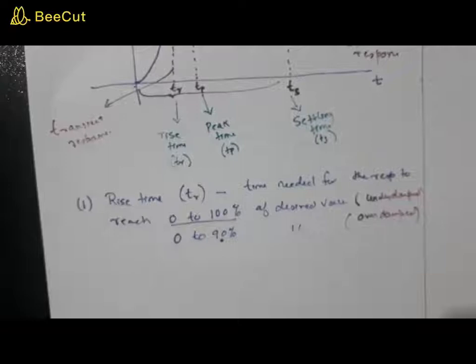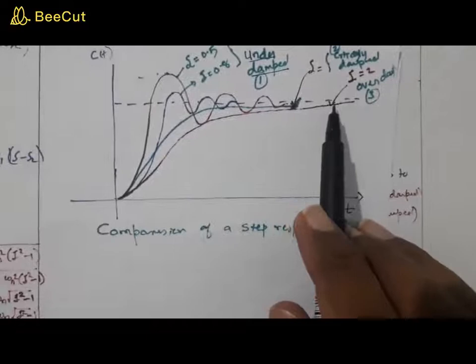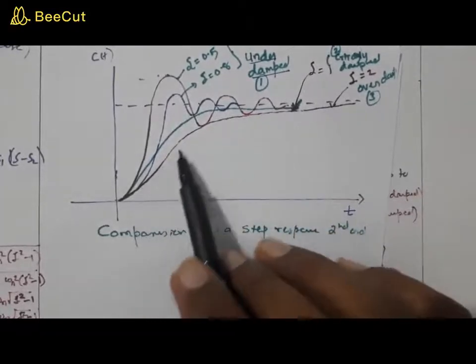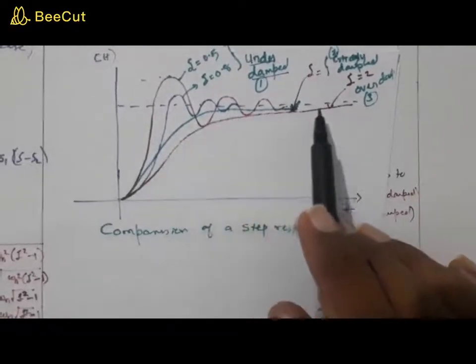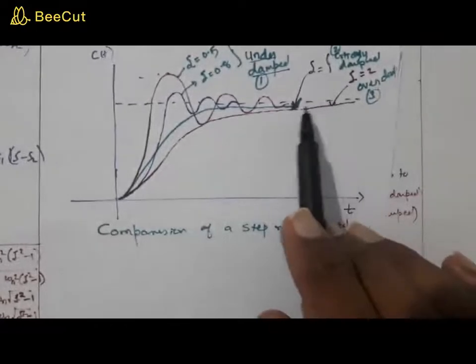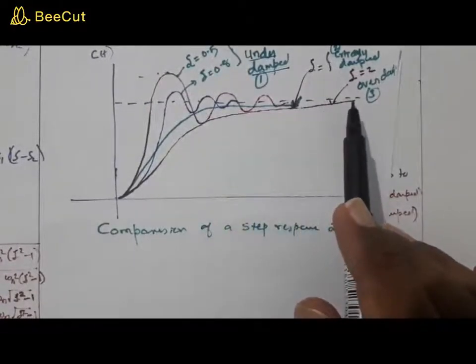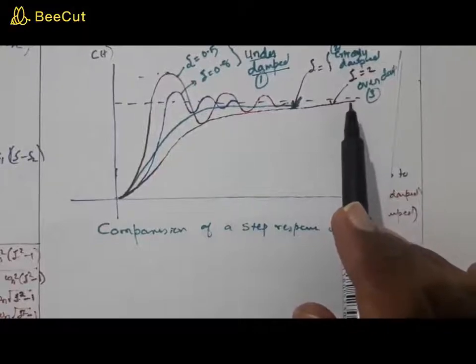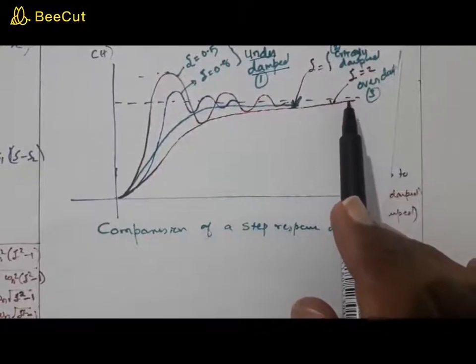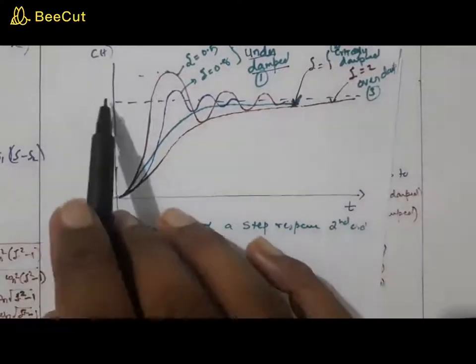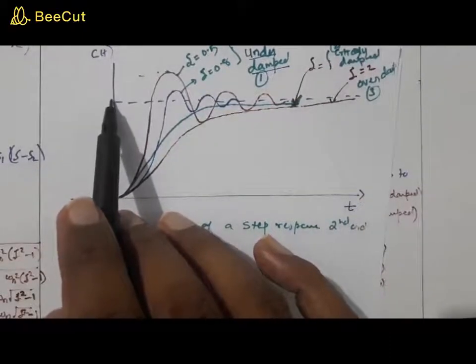Now, why do we consider the 90% definition for an overdamped system? Because look at this. We have already seen that this is the graph which shows zeta greater than 1. There is no oscillation, and practically speaking, this system is not going to achieve its steady state.